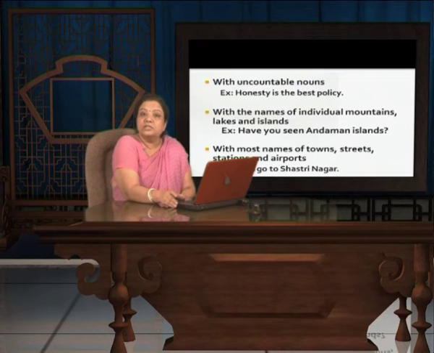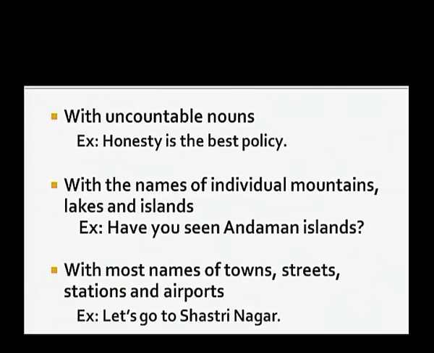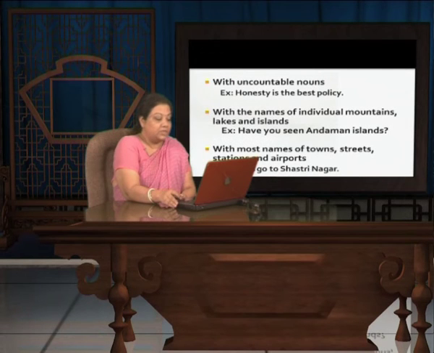The honesty is the best policy would sound wrong grammatically. So, we say honesty is the best policy. With the names of individual mountains, lakes, islands, we never use an article. With most names of towns, streets, stations and airports, we don't use any article, a or the. We say let's go to Shastri Nagar. We don't say let's go to the Shastri Nagar.